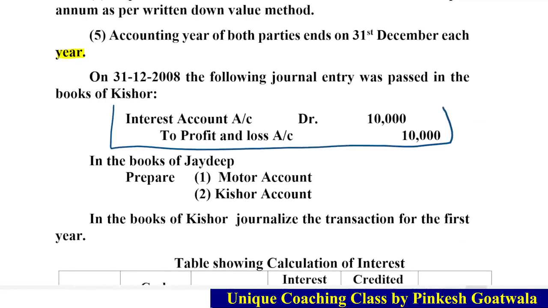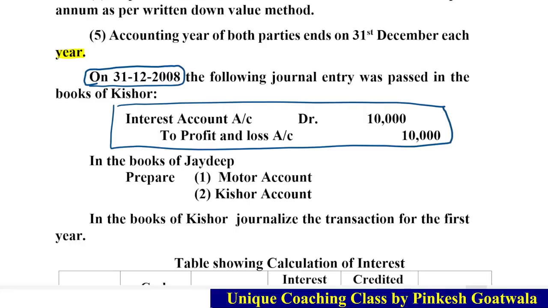Here they give the journal entry of interest account to P&L. The journal for transferring the interest account to P&L is given, on which date? Also consider the date 31st December 8. So from this journal, what will you get?